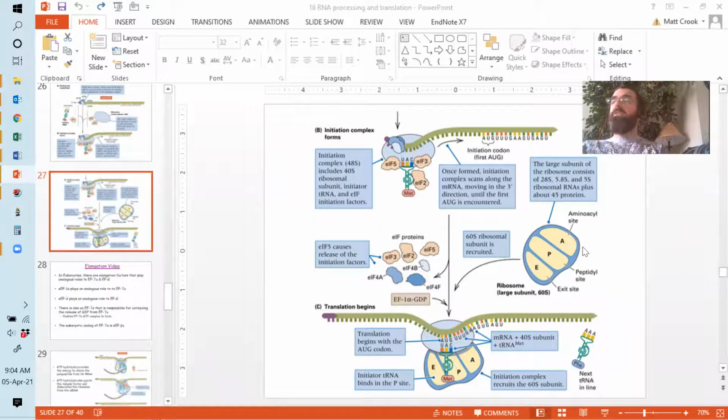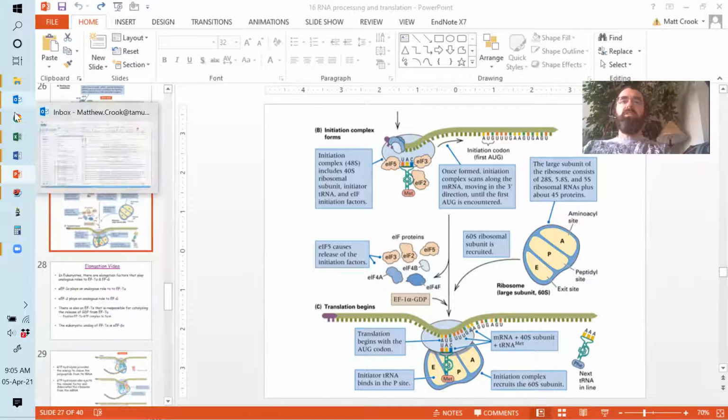Okay. All right. So once a start codon is found, either by direct binding in the case of prokaryotes or by scanning in the case of eukaryotes, then we're off at the races, right? Now the whole process begins.